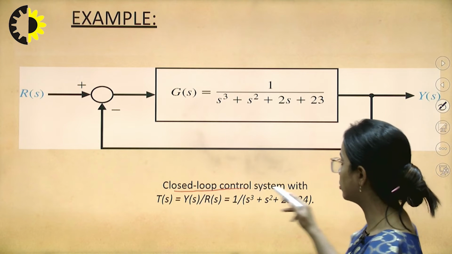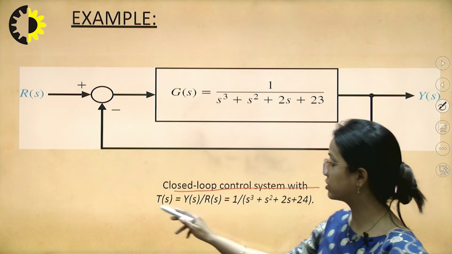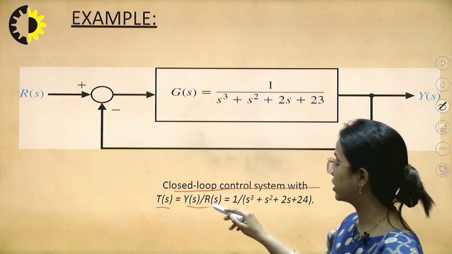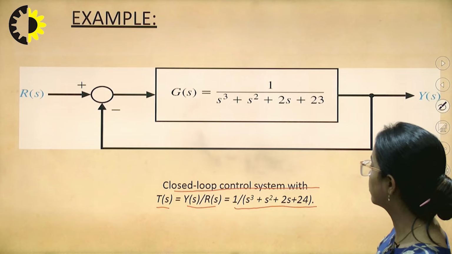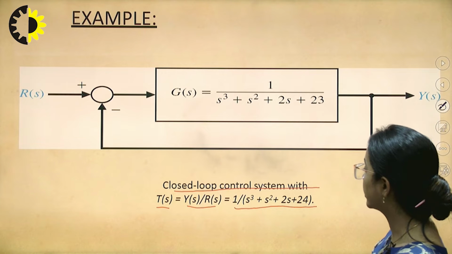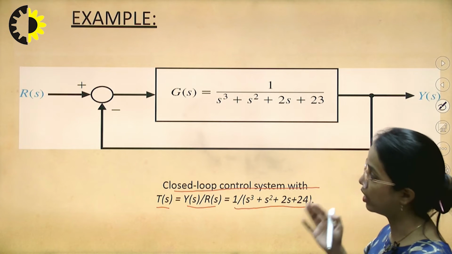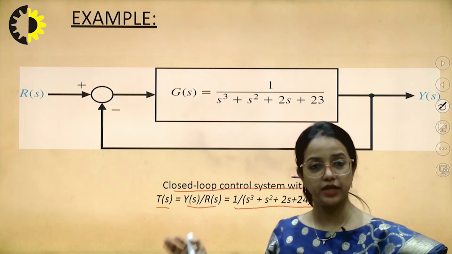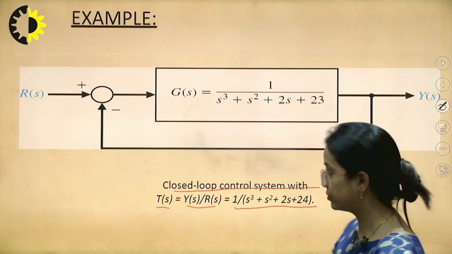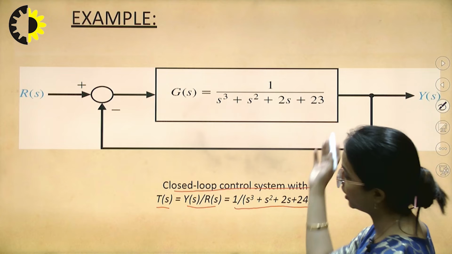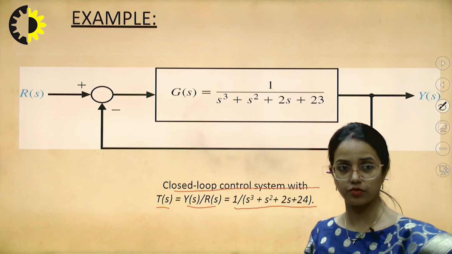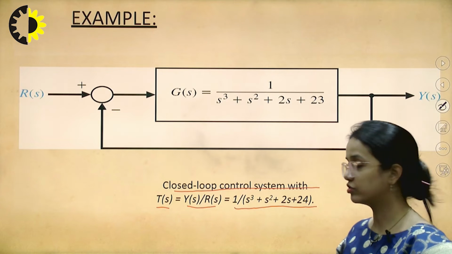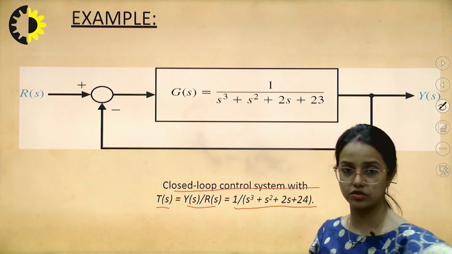The closed loop control system, which has the transfer function Y(s) by R(s), is 1 upon s cube plus s square plus 2s plus 24. Of course, you have calculated and made the changes. So you have substituted the formula G(s) upon 1 plus G(s)H(s), and then you have found this transfer function.